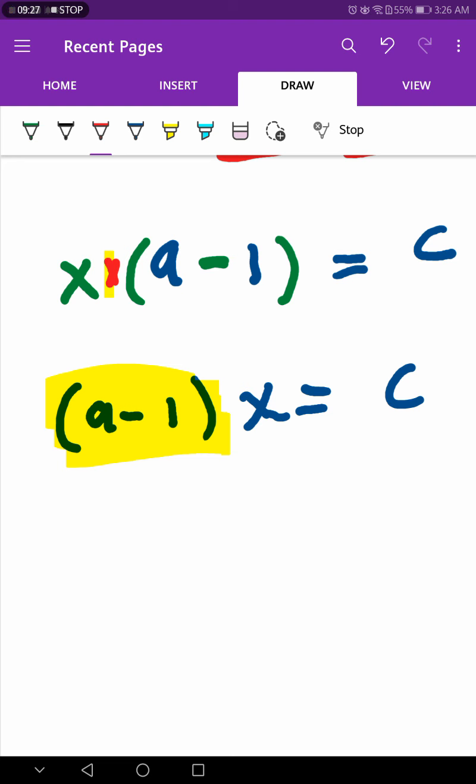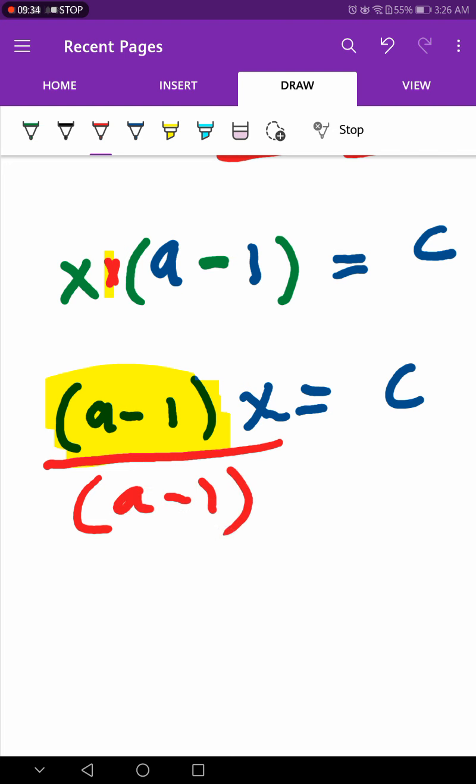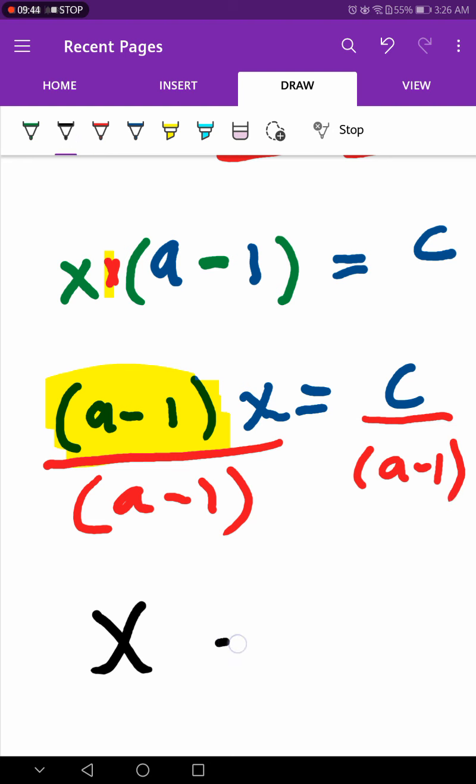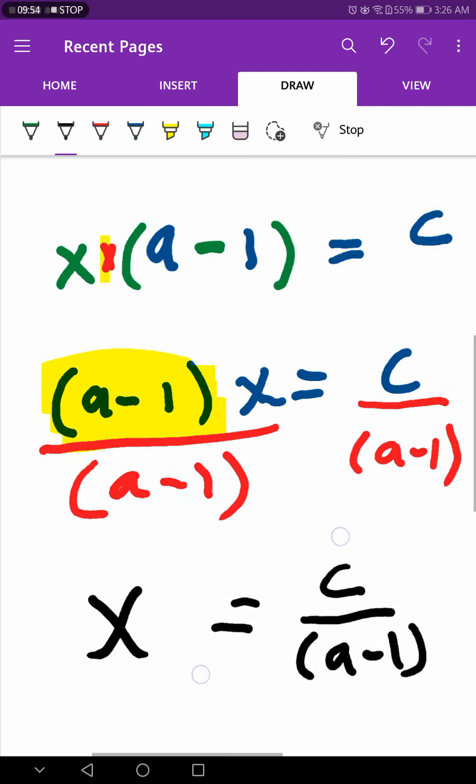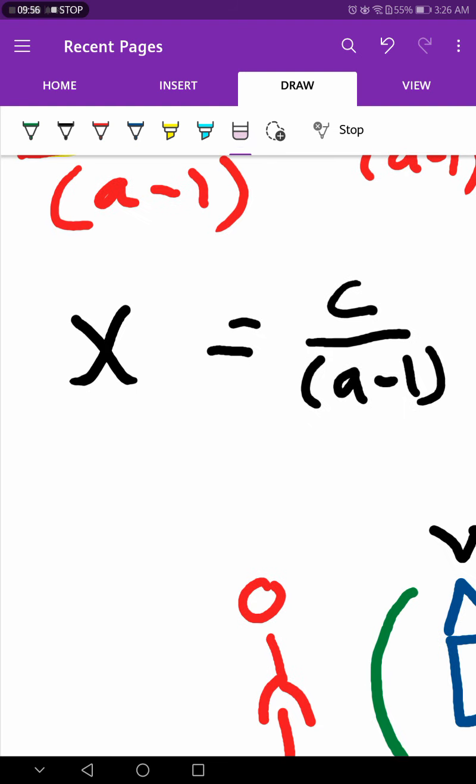So what do I have to divide by? Yes, say it. a minus 1 to make the x alone and happy. And what you do in the left, you have to do in the right. a minus 1, and x equals c over a minus 1. In this case, I write the equation for x, or make x the subject of the equation.